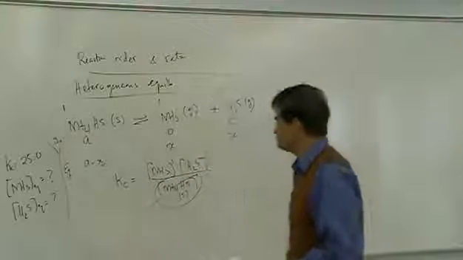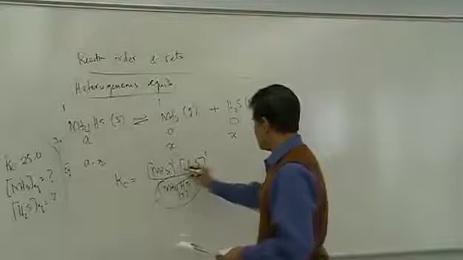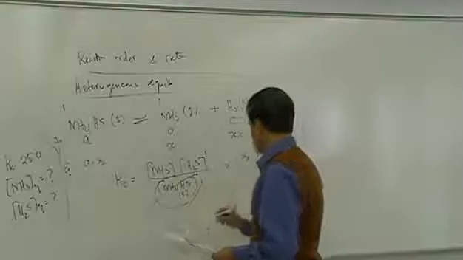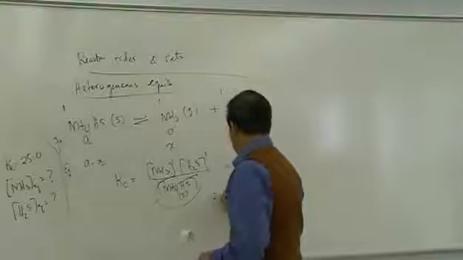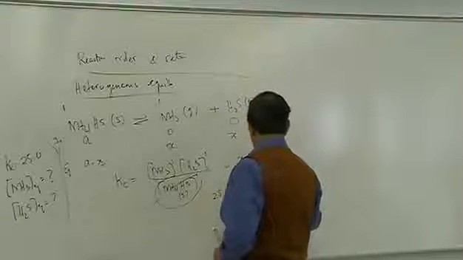So now you can cross out the solid. You'd have X times X here, which is Kc. So Kc equals, let's write down now the value, 25 equals X squared. So from here we can get X equals 5.